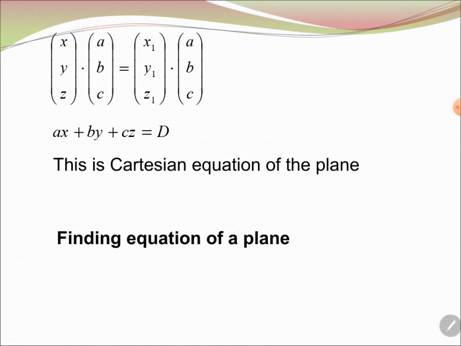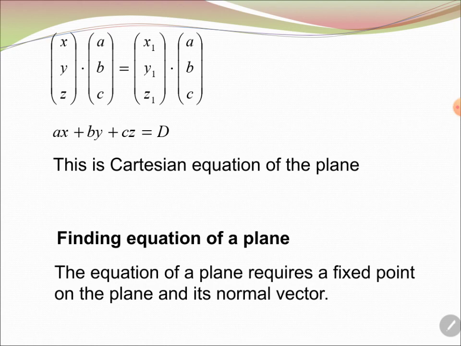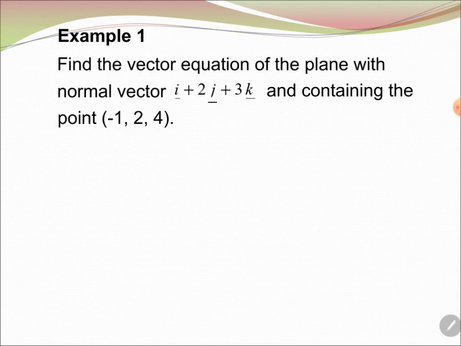Finding the equation of the plane. The equation of a plane requires a fixed point on the plane and its normal vector, which means that the normal vector must pass through the fixed point. Remember. Okay, let's do example 1. Find the vector equation of the plane with normal vector i plus 2j plus 3k and containing the point (-1, 2, 4).